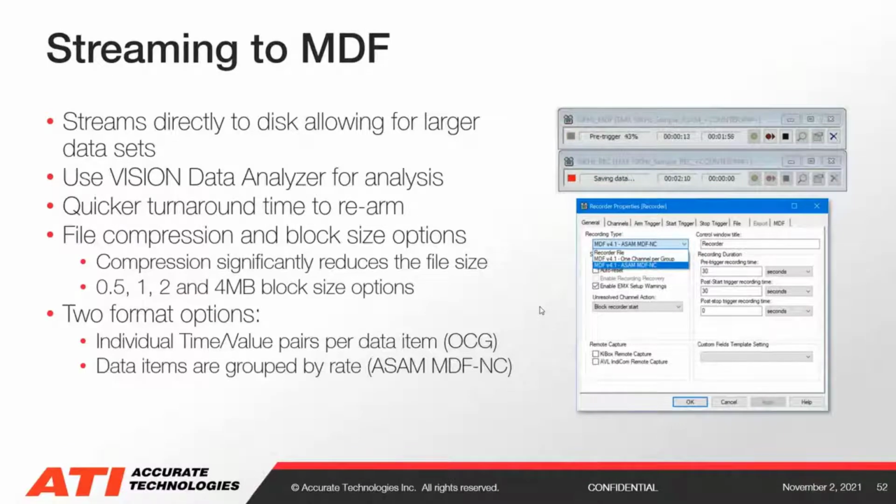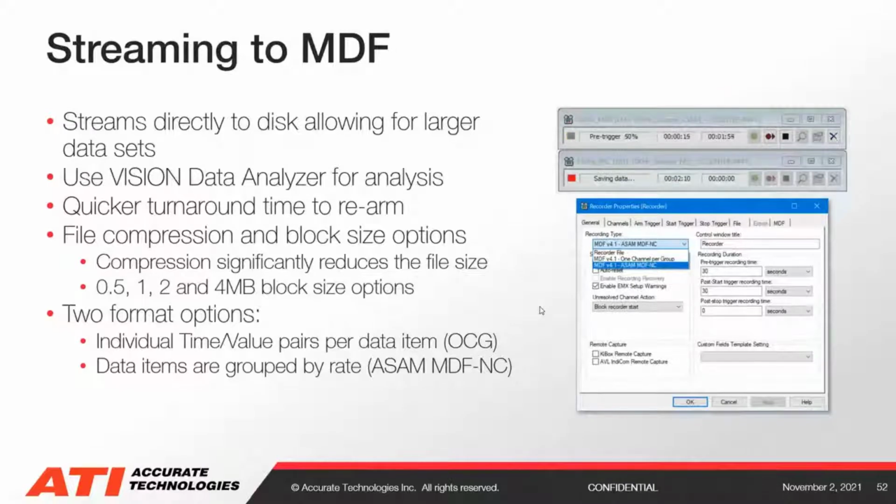If you're interested in trying this out, I would definitely use the latest version of Vision possible, as we're always tweaking and fixing and solidifying this feature. The main advantage of streaming to MDF is that it streams directly to disk rather than holding that recorder data in RAM.